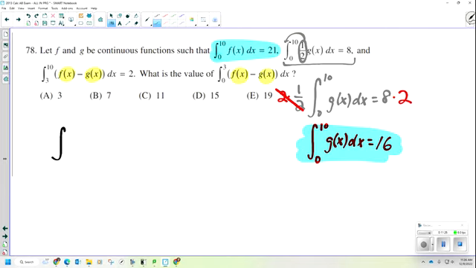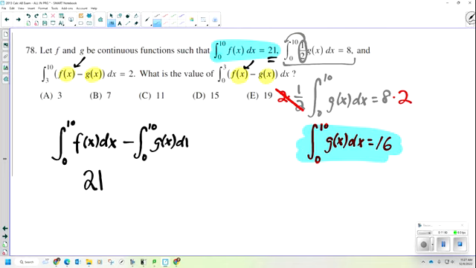Notice that in both of these, the f comes first, and in subtraction, order matters. So the integral from 0 to 10 of f of x dx, well, that's 21. So I'm just going to write that below here, 21. I want to minus the integral from 0 to 10 of g of x dx. And that we just figured out as 16.